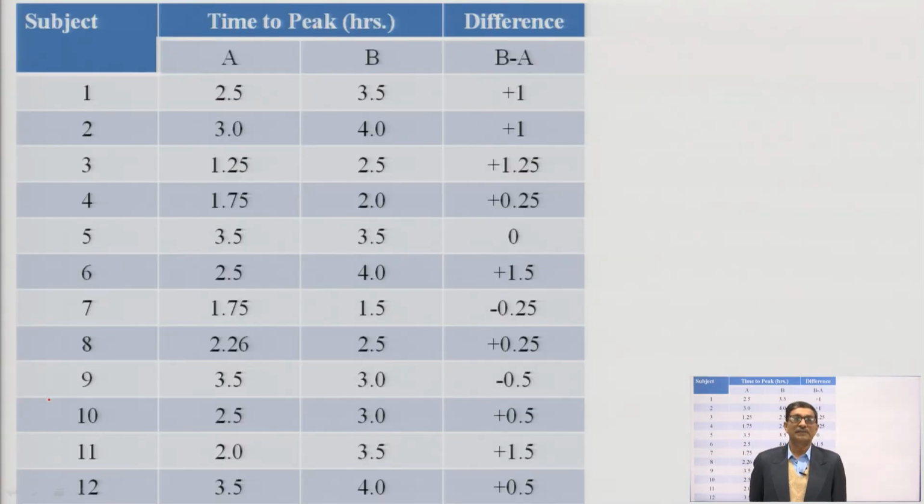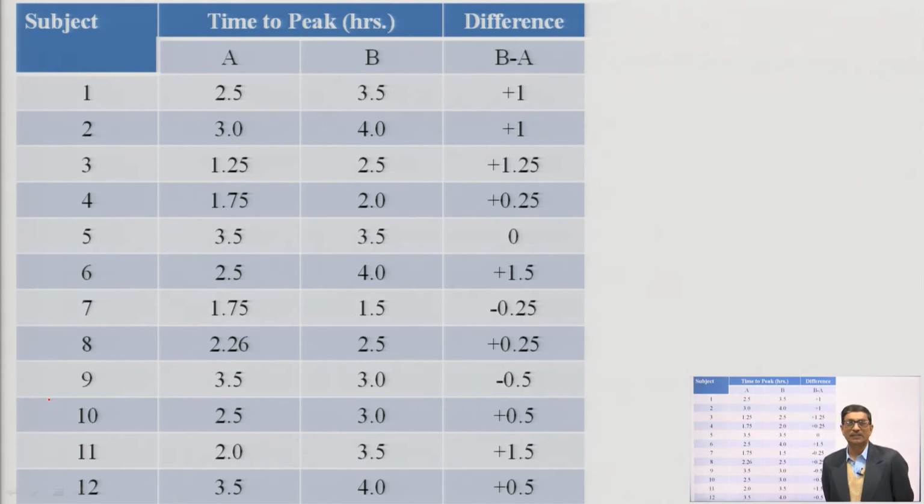Now, the solution. The first step is we find the difference of A and B. The value of A is 2.5 and B is 3.5, and the difference B minus A is plus 1. When 4.0 minus 3, we get plus 1. Then 2.5 minus 1.25 equals plus 1.25.